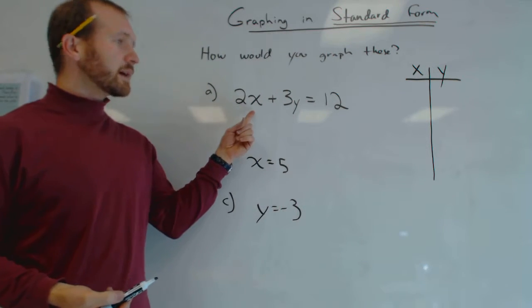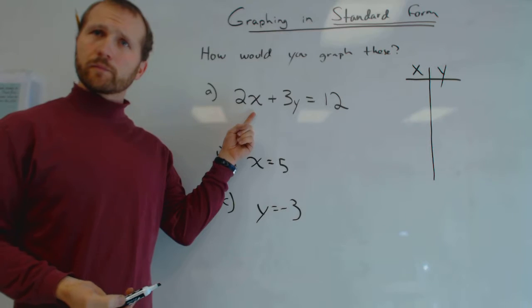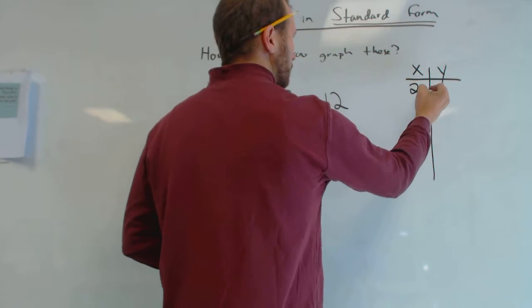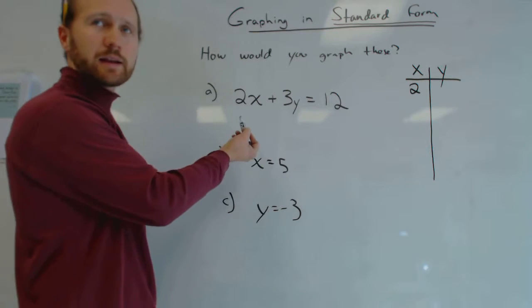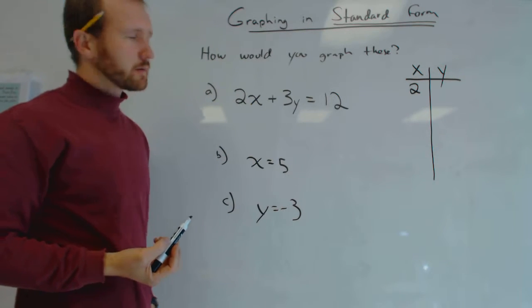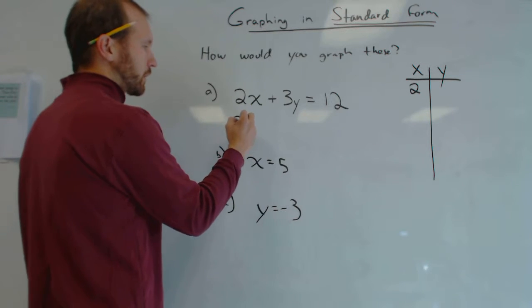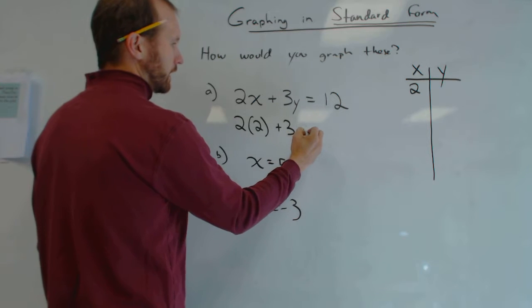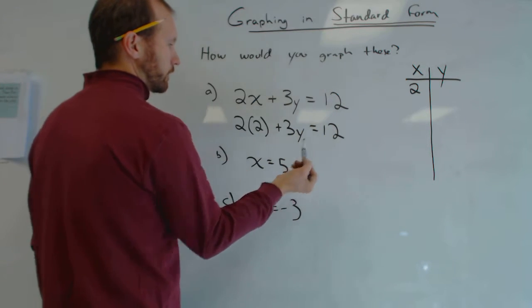So if you think that x would be 2, you can just say, okay, if x is 2, plug that in and find y, right? Does that make sense? So if x were 2, we would have 2 times 2 plus 3y equals 12.